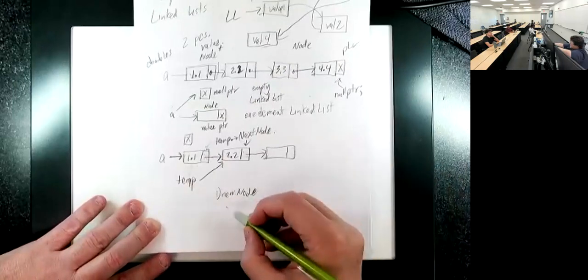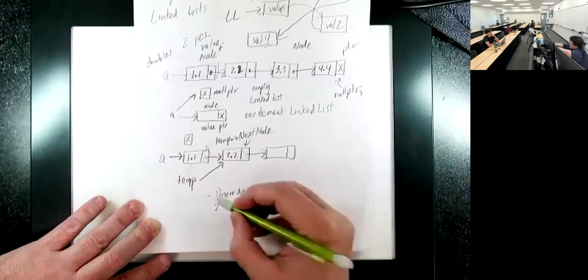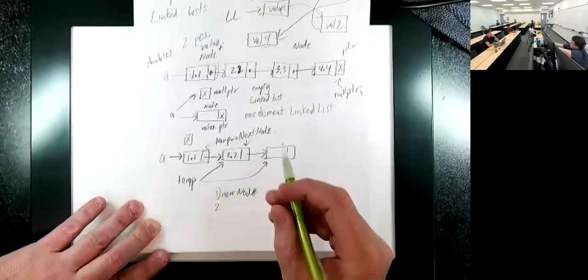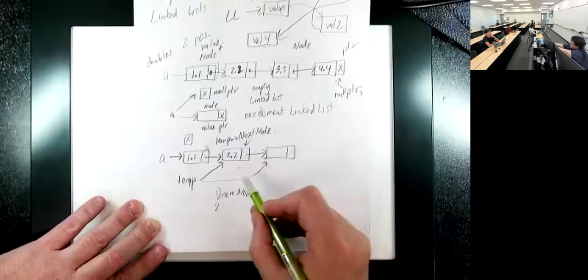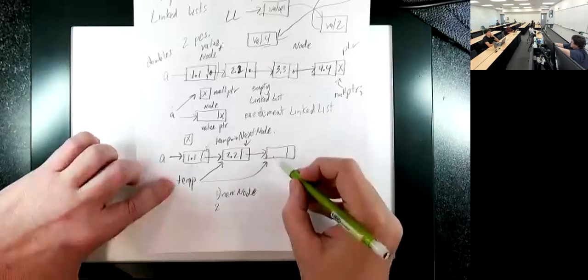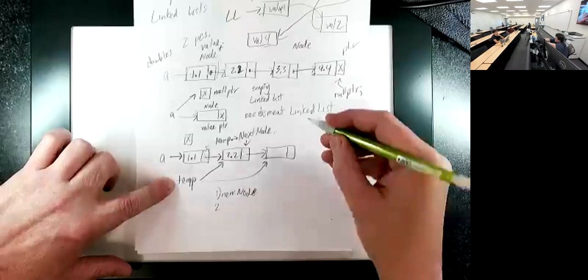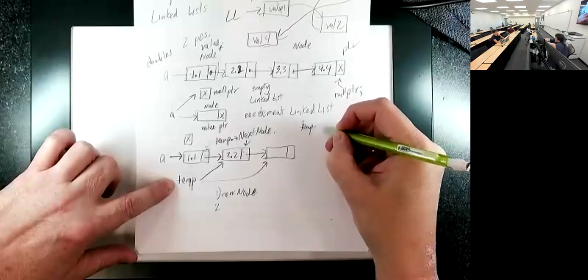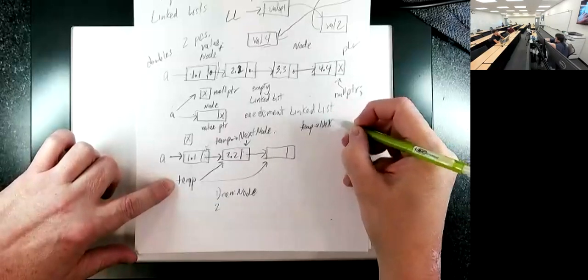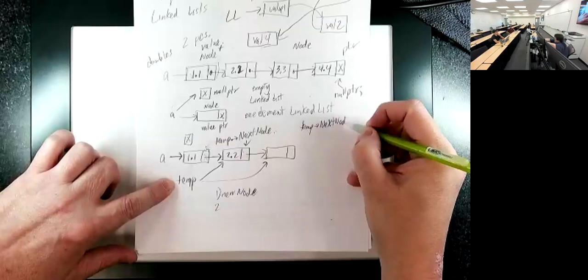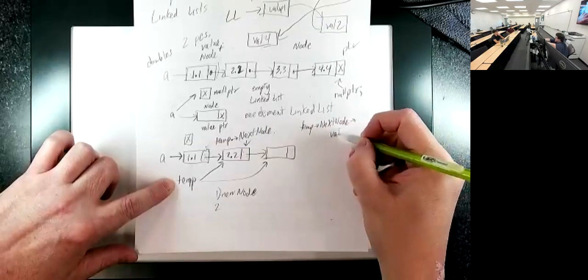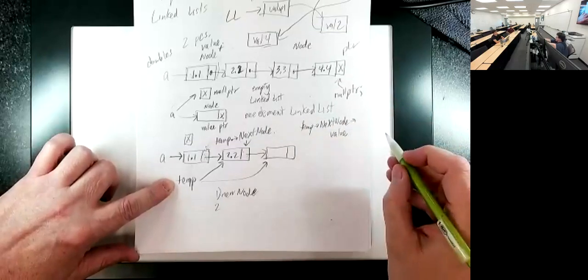And then two, I want to redirect temp to look at that node. Because otherwise, I can access the value here right now without moving temp, but I would have to go temp, next node, value, and this gets confusing really quickly.